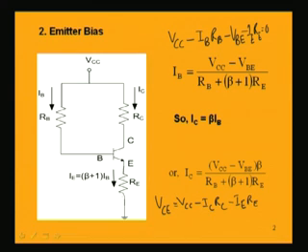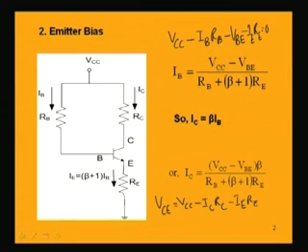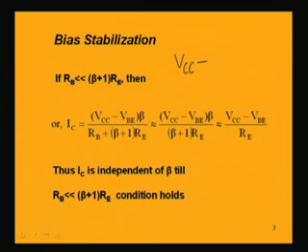As this drop increases, the base current, which is equal to VCC minus VBE minus IE RE divided by RB, is affected.